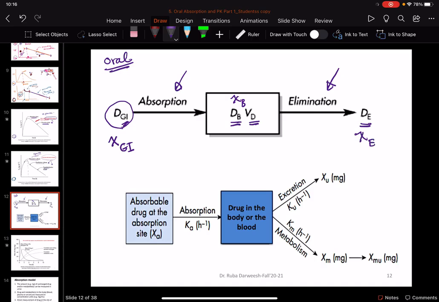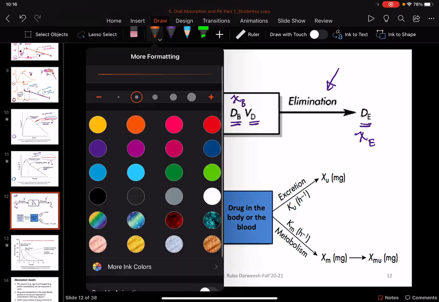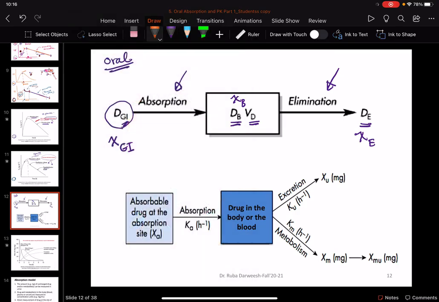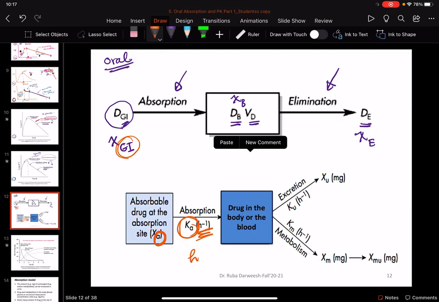Okay, so again, you may have this amount also as XA in other references. If we are talking about first order, we have Ka, which is the absorption rate constant. If it's first order, it will be 1 per hour as a unit.